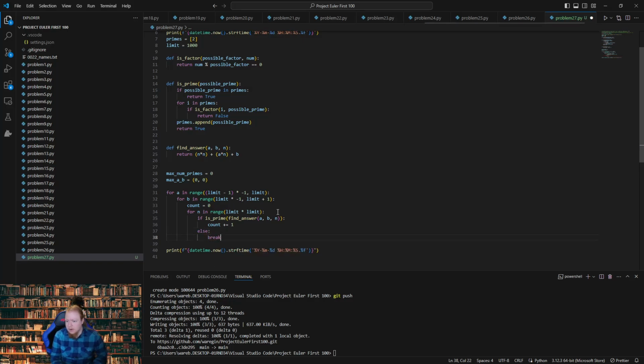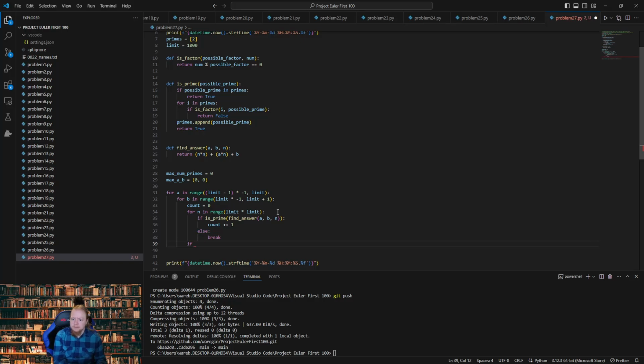Now, I'm not 100% sure if this will only break us out of the n loop, but I think it will, because it should work that way. Okay, and then there's a couple other lines we need here.